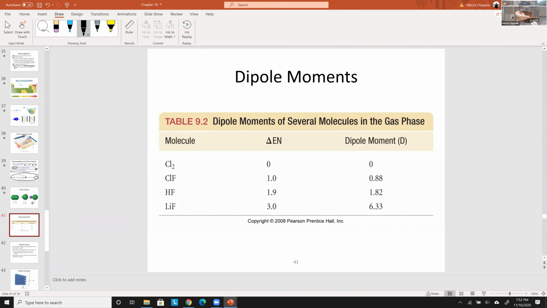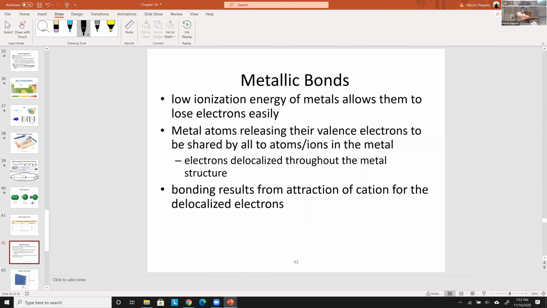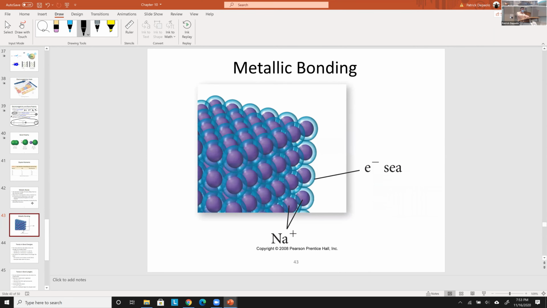What this polarity means is it has a dipole. We call it a dipole moment, which is kind of from physics, meaning there is a difference in electronegativity. The larger the difference, the larger the dipole moment, meaning the larger the charge difference. So metallic bonds, honestly, don't worry about this. There's just a sea of electrons.